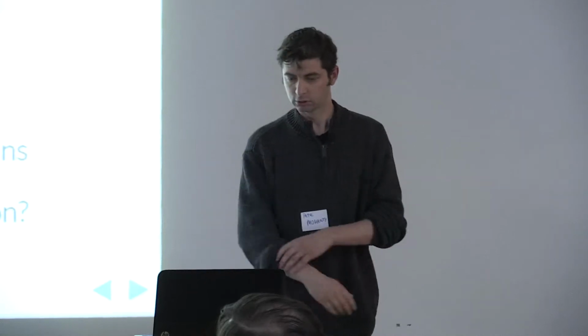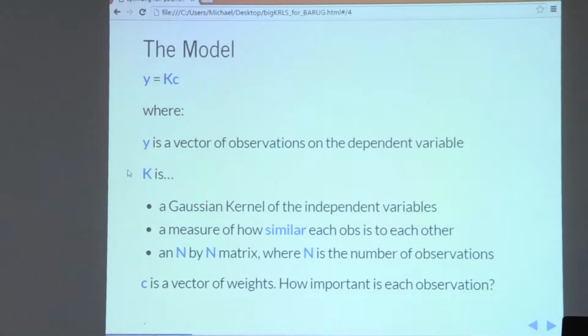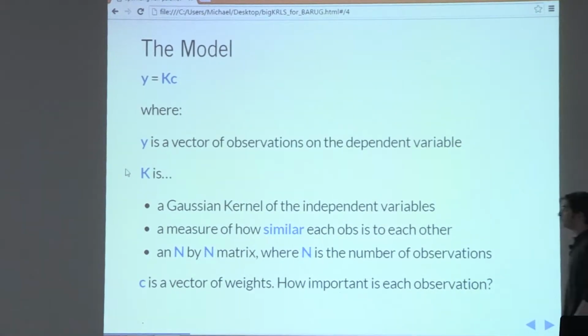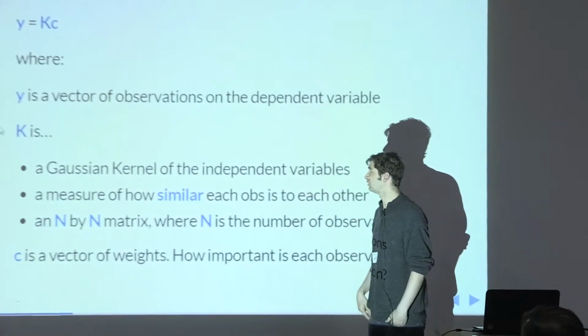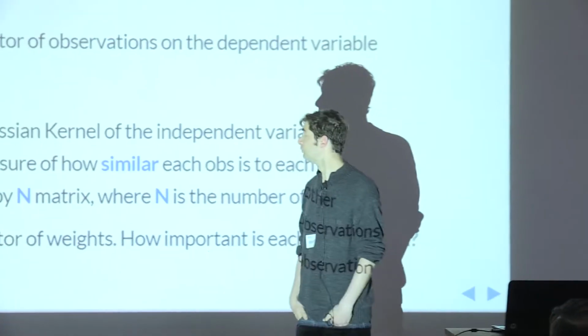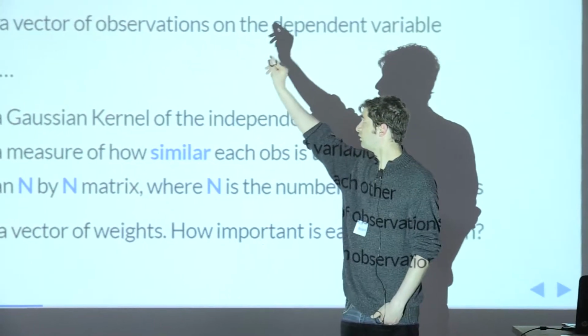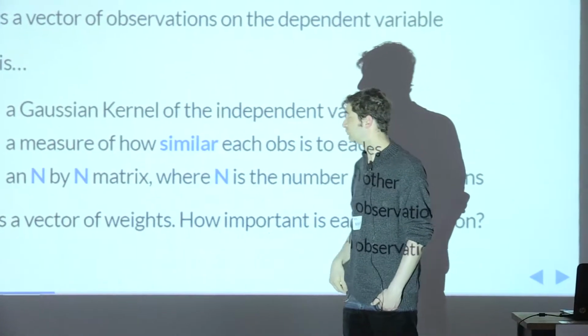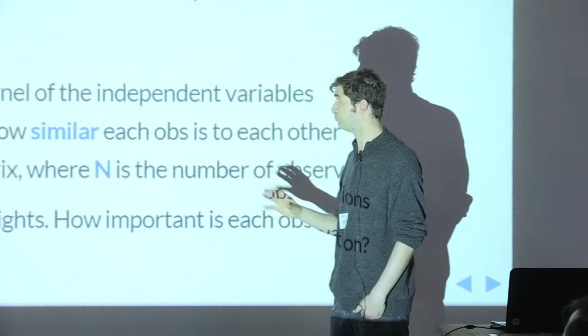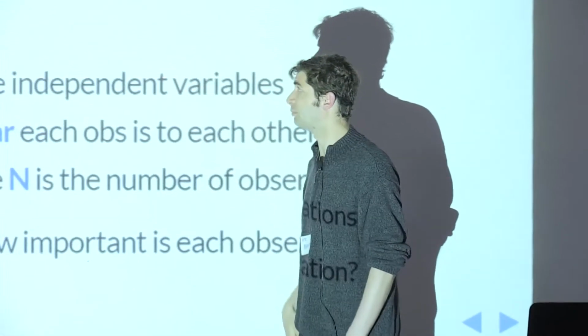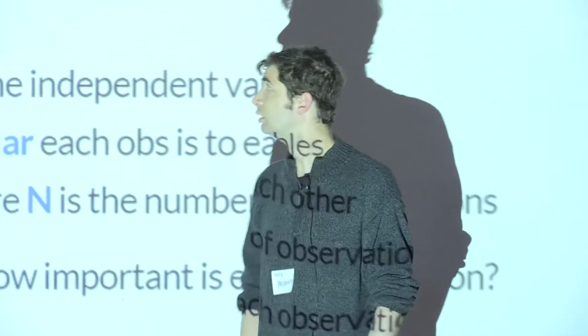So here's a really rough schematic of the overview. We are going to set up y as our dependent variable, just like is typical. And we're going to say that y equals K, which is going to be a kernel that I'll talk a little bit more about in a moment, multiplied by a vector of weights c.